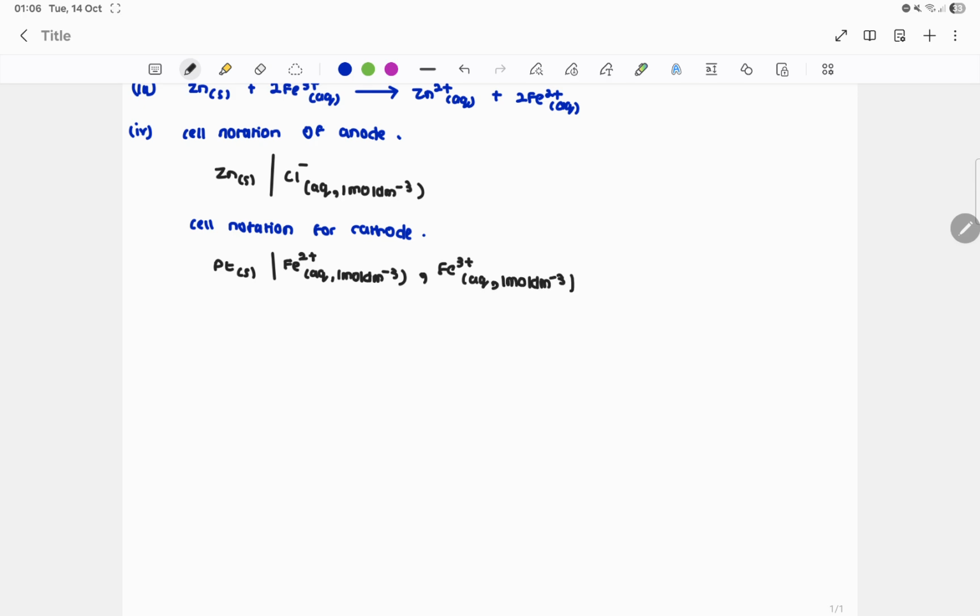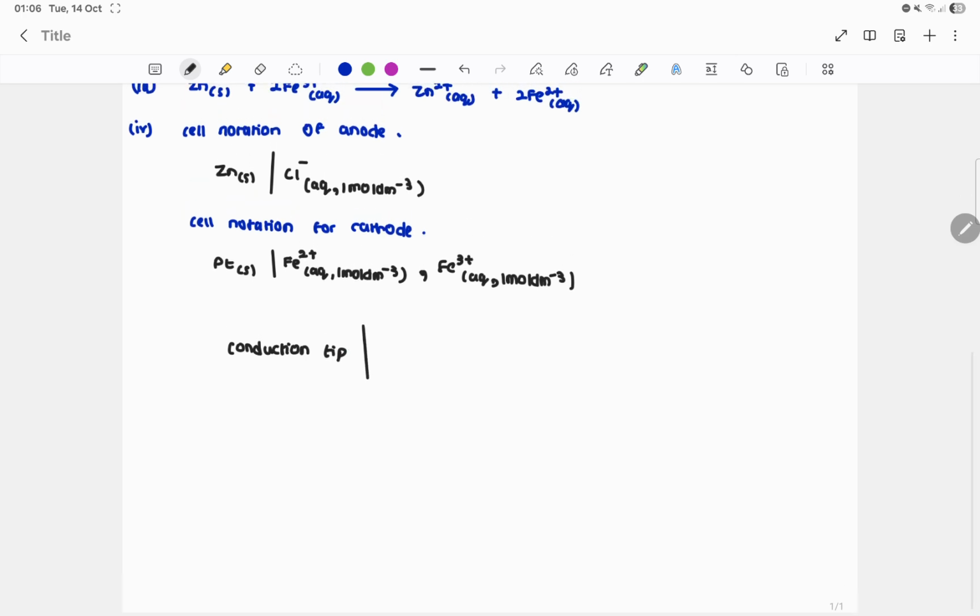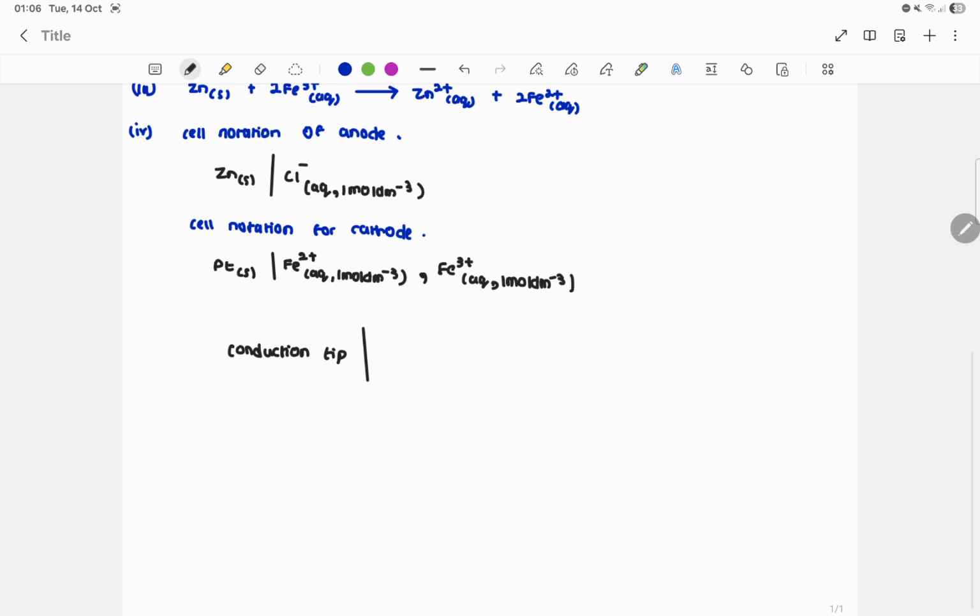Now I told you, we write the cell notation like this. Conduction tip, that means the place where I connect the wire, and at last I will write the solution, and here in the middle I will write the remaining components of the electrode.